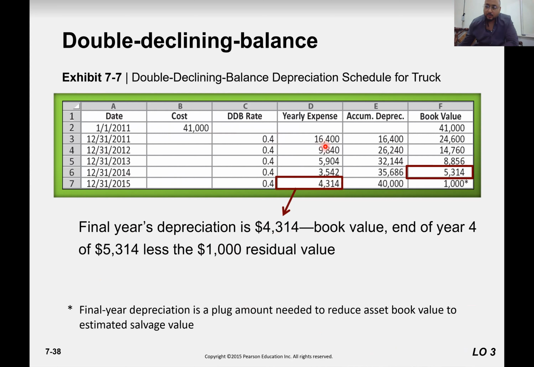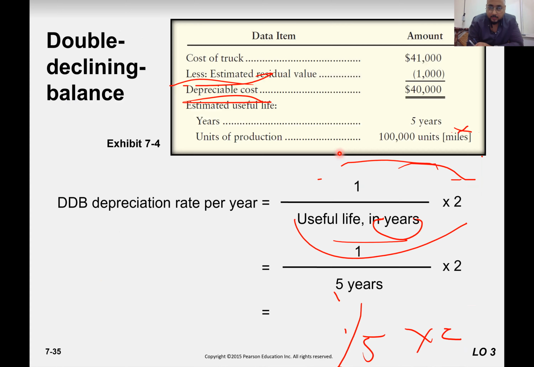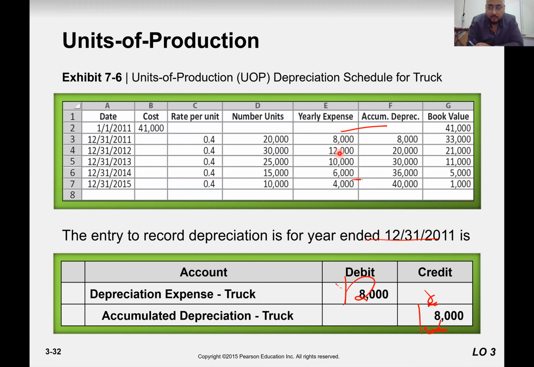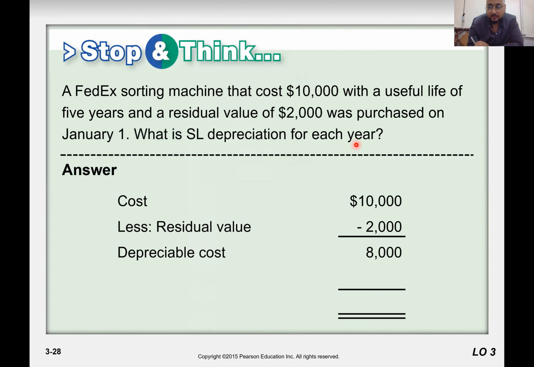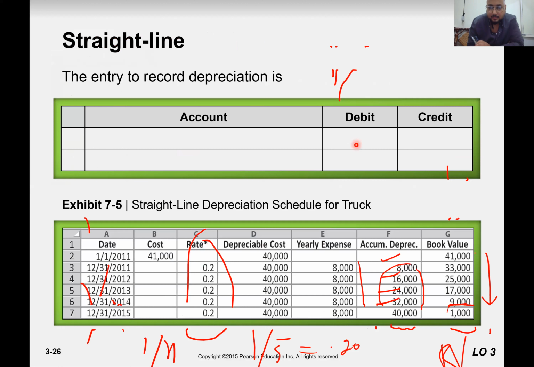Right? So let's talk about the comparison here. Double declining method, first year depreciation is 16,400. Unit of production method, first year depreciation is 8,000. Straight line method, first year depreciation is 8,000.